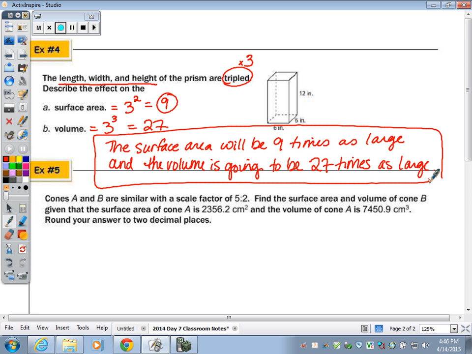I'll give you a minute to write that down before we take a look at example number 5. If you've already finished writing that down for number 4, go ahead and read example number 5.